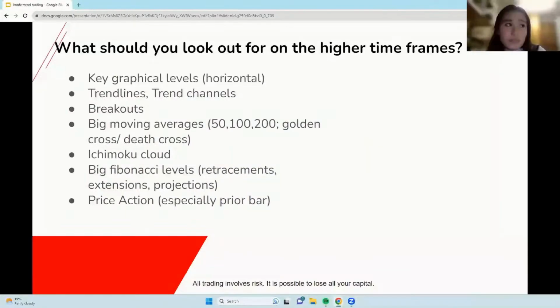Okay, a couple of things to look out for on the higher time frames. We have the key graphical levels, so your support and resistance levels that we mentioned earlier, trend lines, trend channels, breakouts of these trends, and then big moving averages. We talked about those, Ichimoku cloud, big Fibonacci levels, and price action.